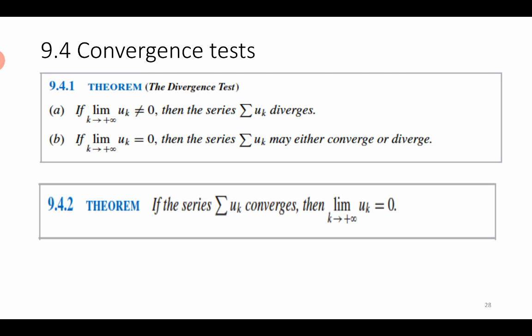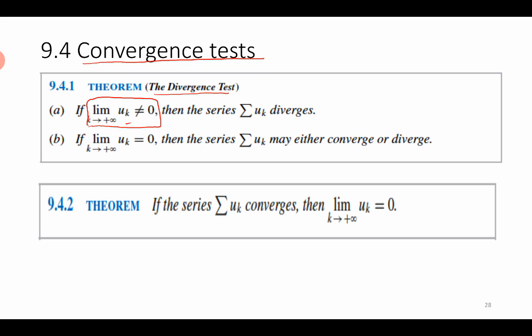Let's start with chapter 9.4. The topic is convergence tests, and the chapter starts with the divergence test. Here we are going to get an idea to test the divergence of a series. If you find a series, find its nth term and the limit of the kth term, or nth term, doesn't matter.